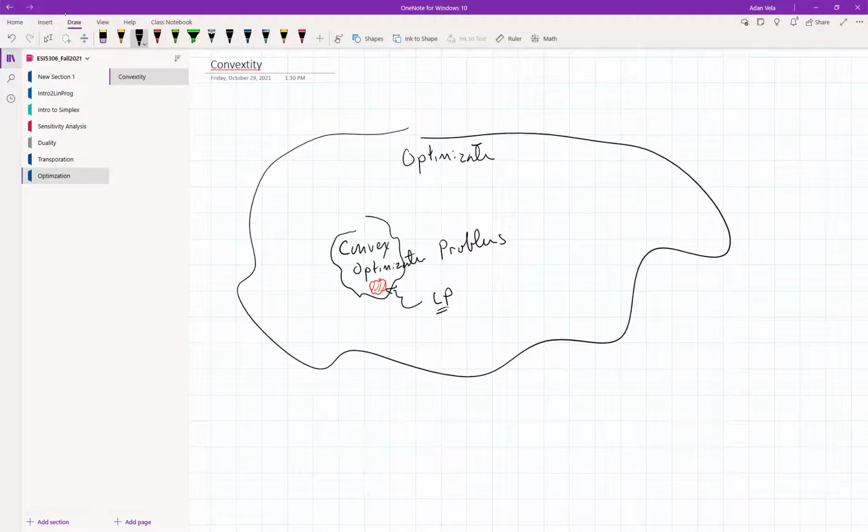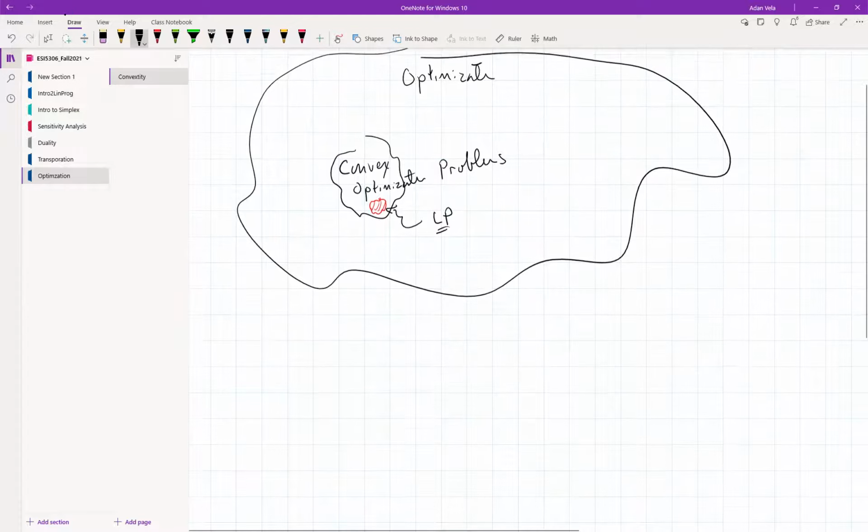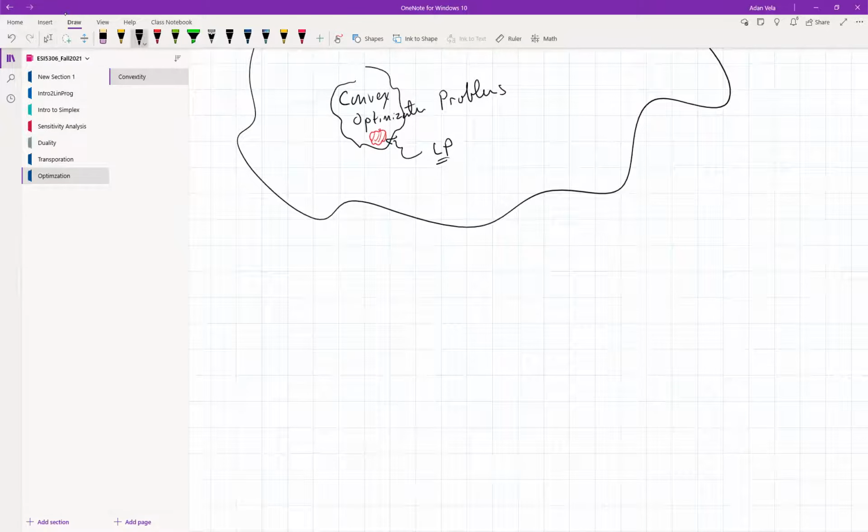All right. So what we're going to talk about today is what exactly a convex optimization problem is and why it is special. Broadly, when we think about optimization, any sort of optimization problem, we're talking about a maximization or minimization of some function over X, and we're going to minimize or maximize over those variables, subject to some constraints where X has to be an element of some set.